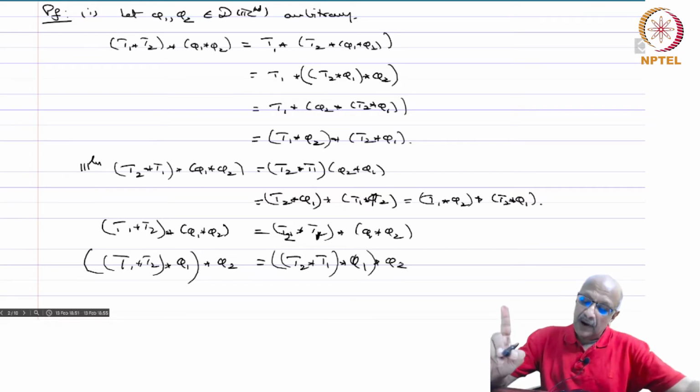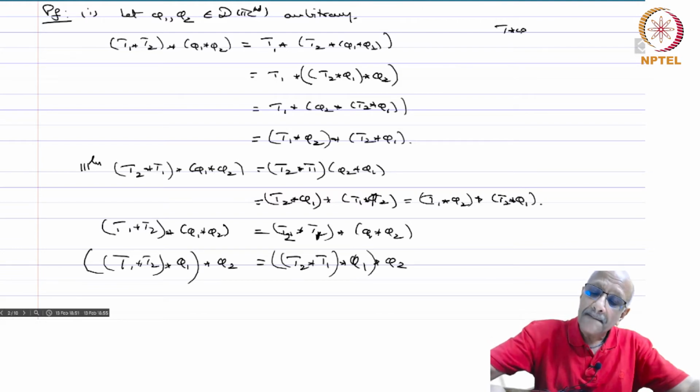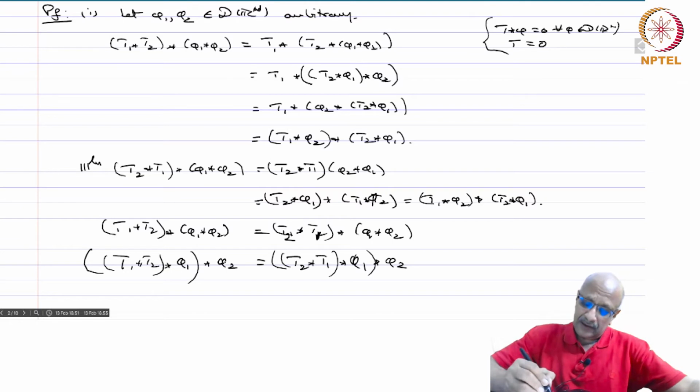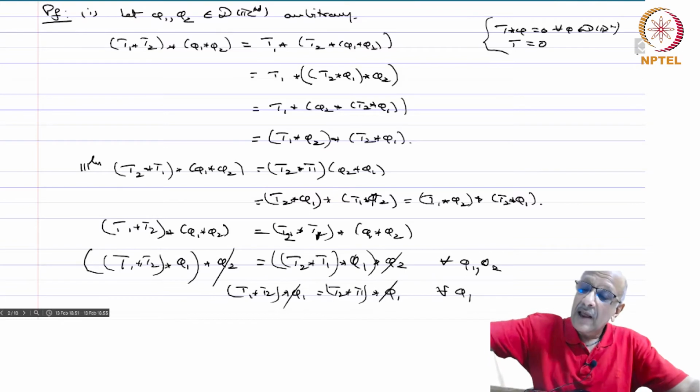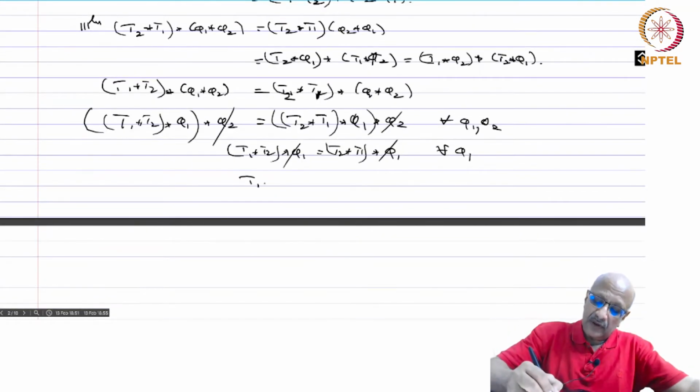But then by the fourth part of the first one, that is if T star phi equals 0 for all phi in D of Rn, then T equals 0. So this is a very important thing. So I can cancel this, and so you get (T1 star T2) star phi 1 equals (T2 star T1) star phi 1. This is for all phi 1 phi 2 and this is for all phi 1. Again this is true for all phi 1, and therefore I can once more cancel it, and so I will get T1 star T2 equals T2 star T1. Okay. So this proves the first part.